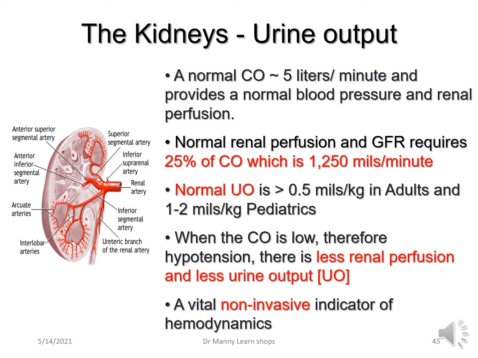So urine output is a vital non-invasive indicator of hemodynamics. If you're in a clinical area and want to use this as a tool, it's always probably better to have a urinary catheter in, because waiting for a patient to pass urine may not be as accurate.